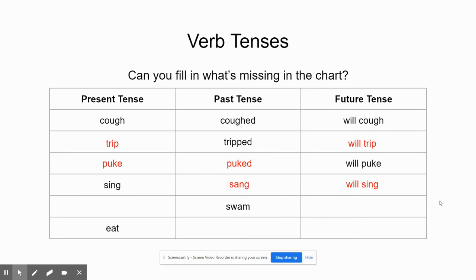Let's check how you did on number 5. Swim, swam, will swim. And the last one, present tense, eat, past tense, ate, future tense, will eat. Eat, ate, will eat.